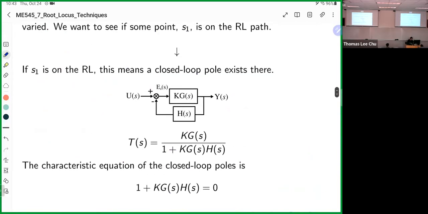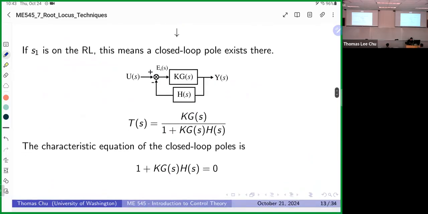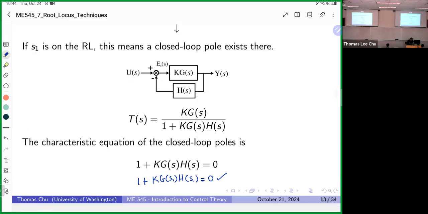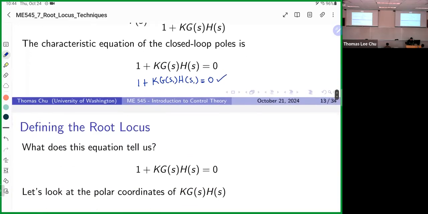If this point S1 is on the root locus, this means a closed loop pole exists there, meaning that if we plug in, this equation is true: 1 plus kG(S1)H(S1) is equal to 0 is valid. That's what it means when we're on the root locus, for some k. This is true.